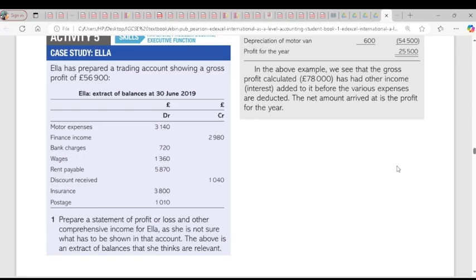The expenditures here are motor expenses 3,140, bank charges 720, wages 1,360, rent payable 5,870, insurance 3,800, postage 1,010. So the total of your expenses is 15,900. You take it away from 60,920. So we have our net profit to be 45,020. This is for activity 5. Thank you.